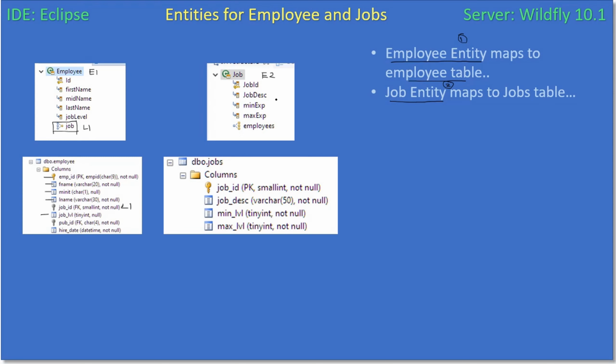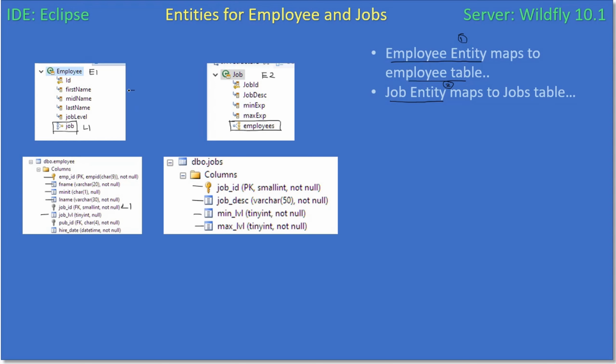Here we are mapping job ID, job description, minimum experience and maximum experience, and this one is the linking column. There is no such column in the database, but here we introduce one field, which will refer back to the employee entity.